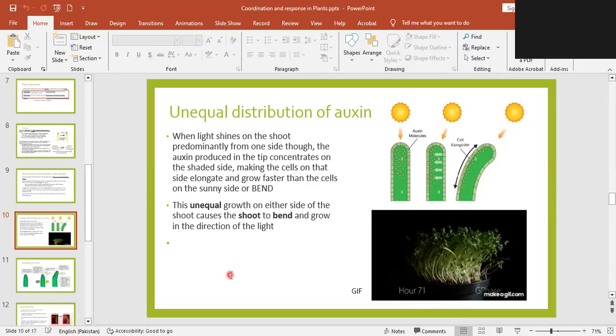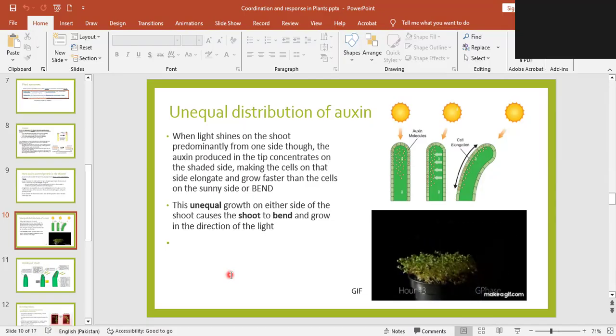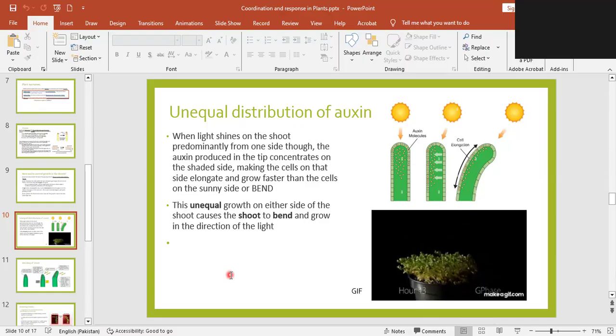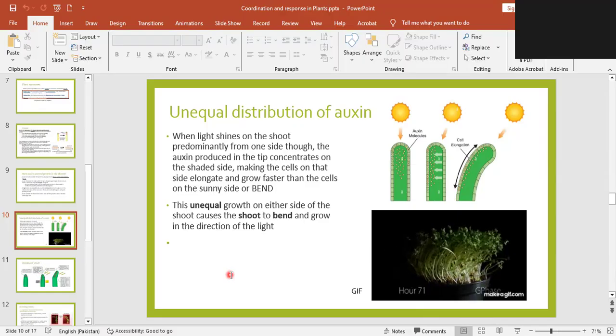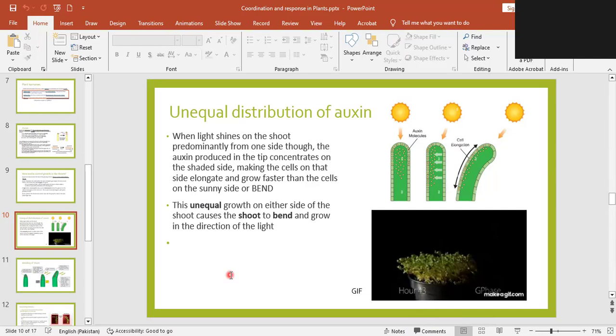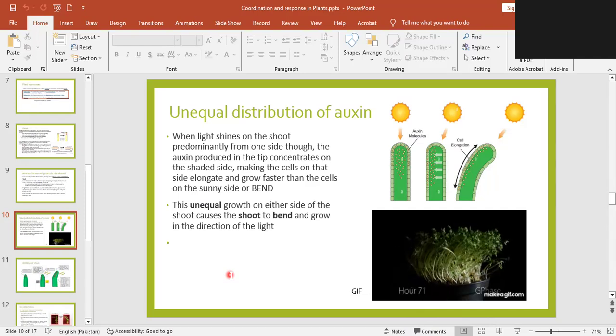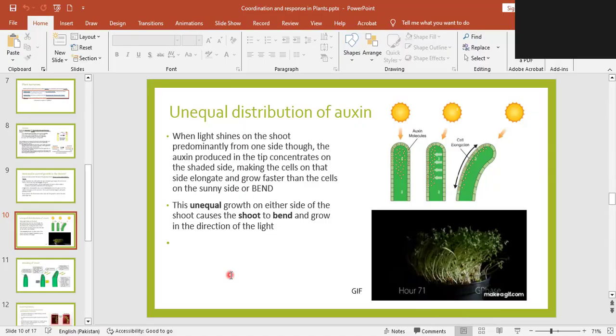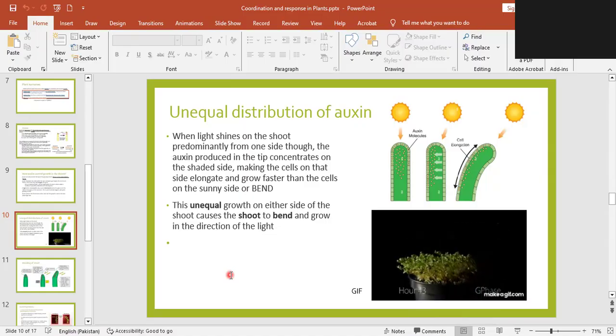Okay, now there are two ways the auxin works. With respect to the positioning of the sun, if the sun is on the top of the plant, providing its sun rays evenly on the tip, it means the distribution of the auxin will be even. How do they work? They are produced in the area of the tip, but they will work behind the tip.